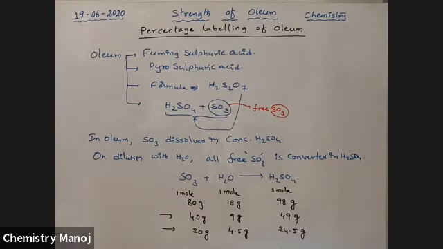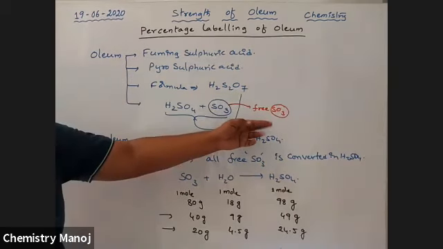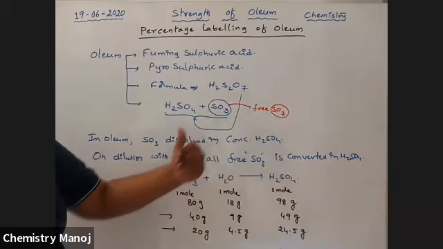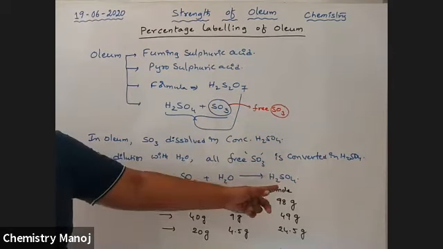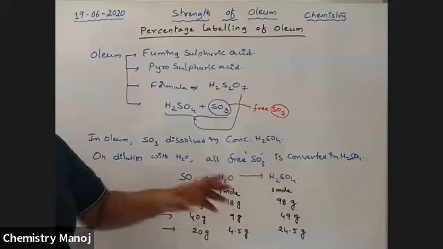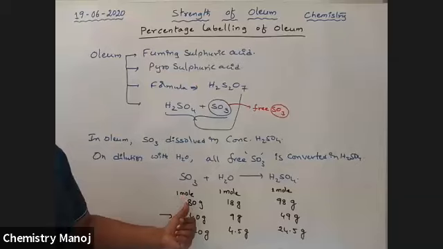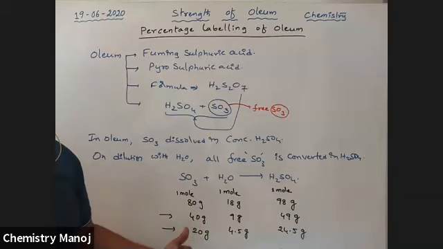No doubt, oleum contains free SO3. That free SO3, when dissolved in water, reacts with water and gives H2SO4. All the free SO3 present in oleum is finally converted into H2SO4. From this balanced equation, these are the observations we made.